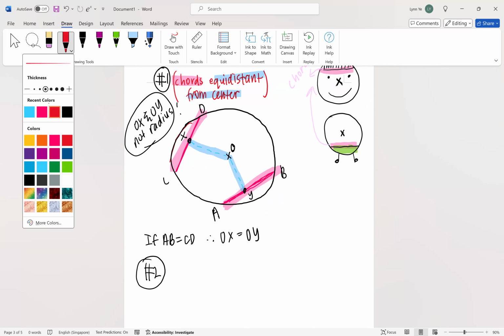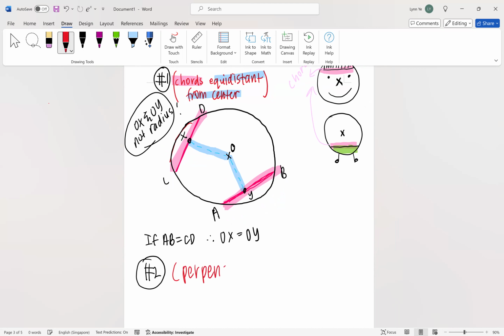The reasoning is called perpendicular bisector of chord. Guys, perpendicular means what? Links to what? 90 degrees. What about bisector that you learn in coordinate geometry? Links to what keyword?